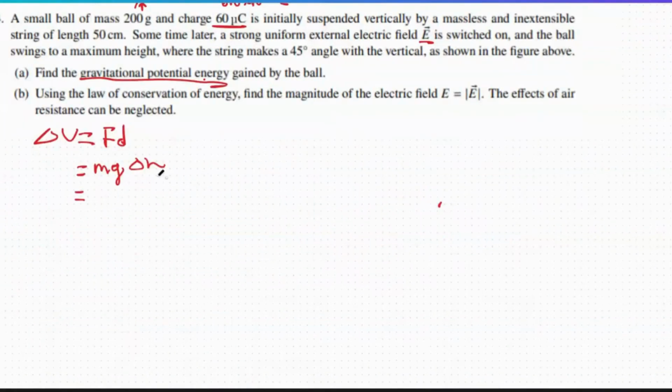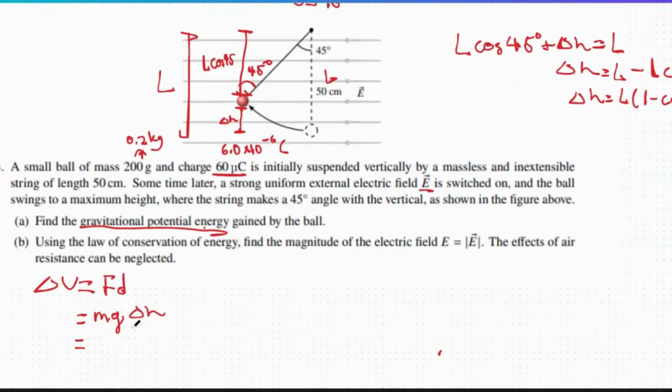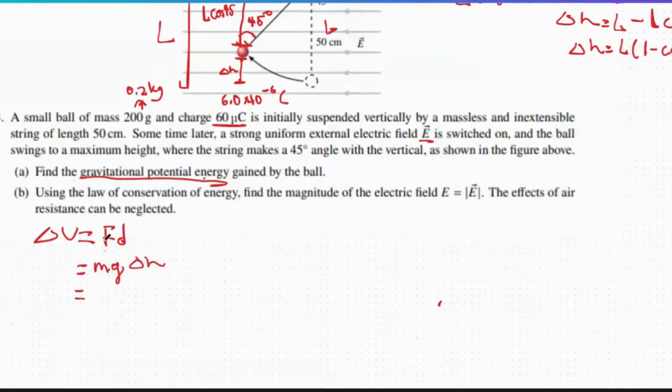So now we have delta H, we have mass, we have gravity. We can plug in the numbers. And this is really easy to do. Mass would be 0.2, gravity 9.81, or 10 if you want. And then we have delta H. L is 0.5, 50 centimeters is 0.5 meters, times 1 minus cosine of 45 degrees.